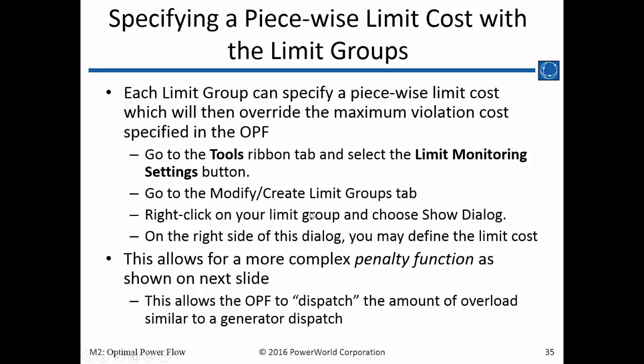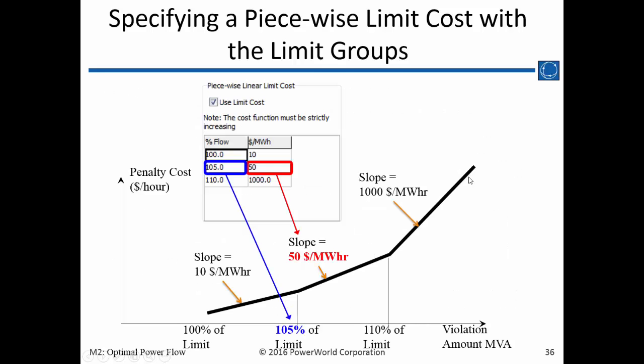I mentioned I think that the tab was there when we looked at limit monitoring settings yesterday, but outside the OPF it doesn't really have any use, so we'll take a look at it here. And instead of having a single slope that ramps up from 0 to some value at the limit, you can have it be such that small overloads have small costs associated with them, and larger overloads have larger costs associated with them.